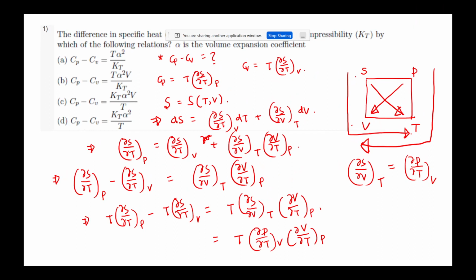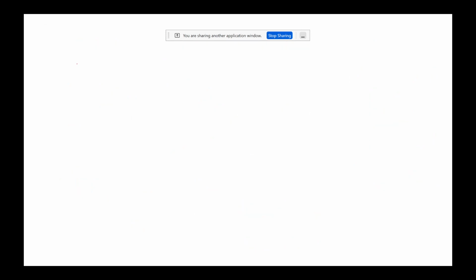we have to write the expression for compressibility Kt and alpha, right? So what is Kt?